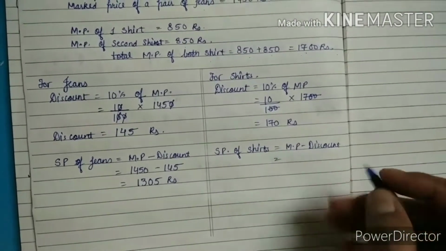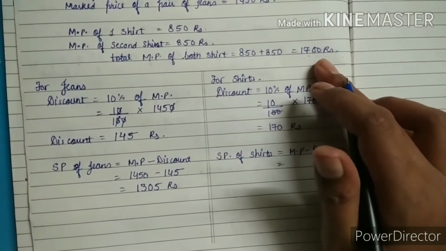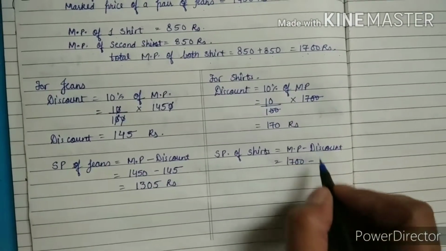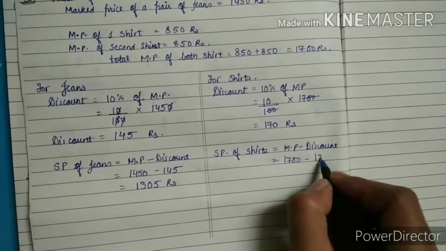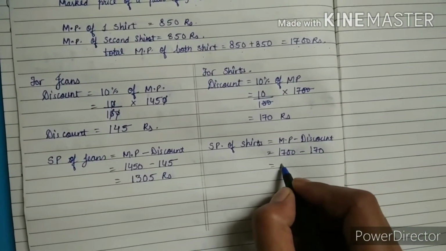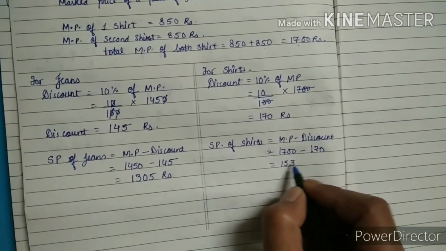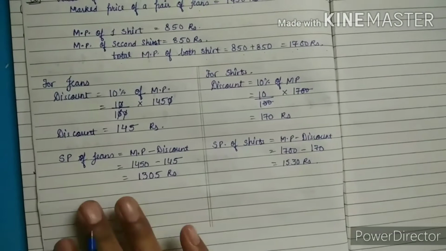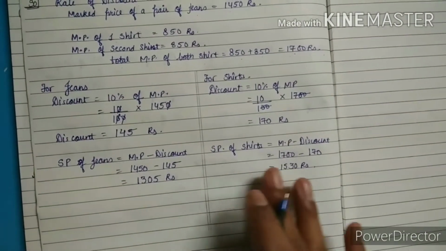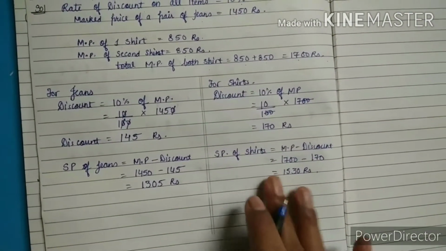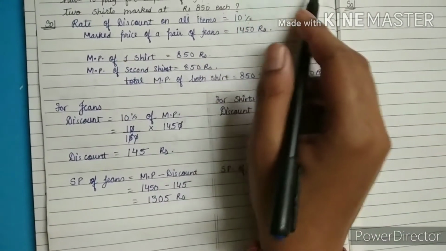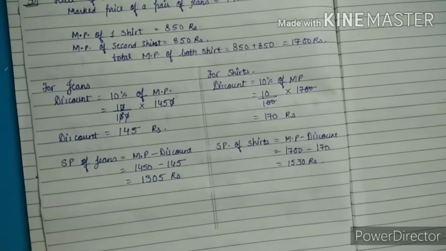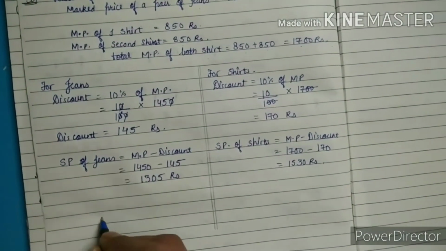Here we have to pay for both shirts. For both shirts the marked price is 1700. That's why we will subtract 170 from 1700 and it will give us 1530 rupees. So here we get the selling price of jeans and the selling price of shirts, but we have to find what the customer has to pay.